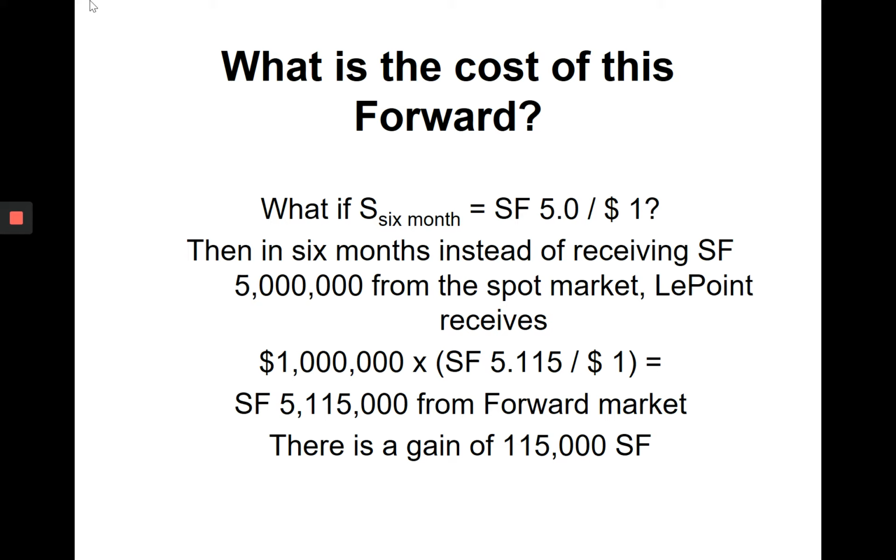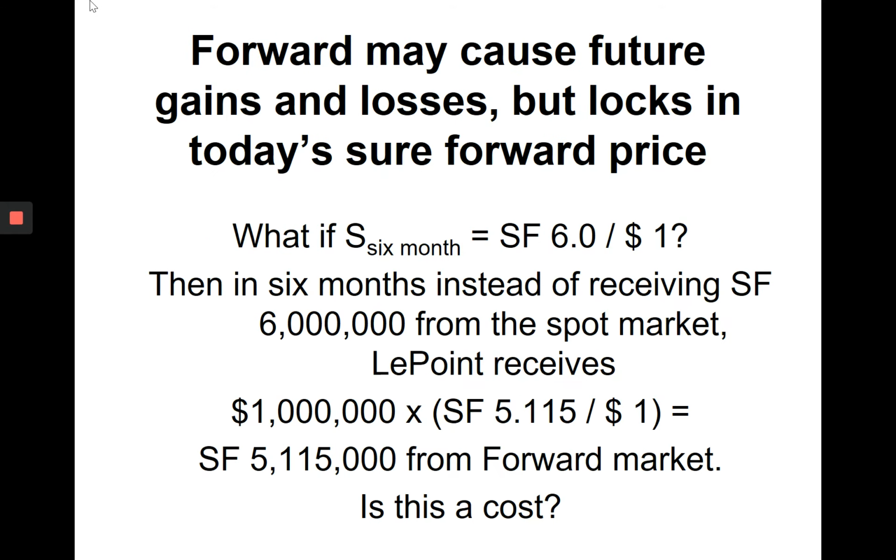Then in 6 months, instead of receiving 5 million Swiss francs from the spot market, LePointe receives $1 million times 5.115 Swiss francs per $1, equal to 5,115,000 Swiss francs from the forward market, and there is a gain of 115,000 Swiss francs in comparison to what we would have gotten from the open spot market in the future. Forward may cause a future gain and losses, but it locks us in to today's sure forward price.